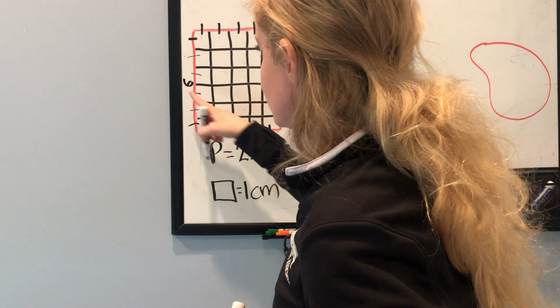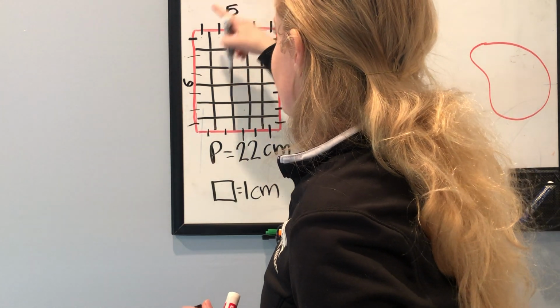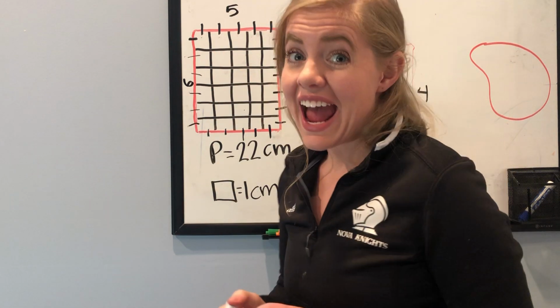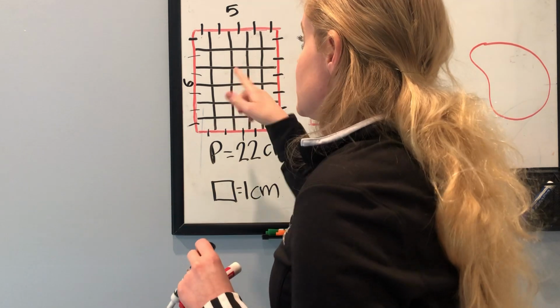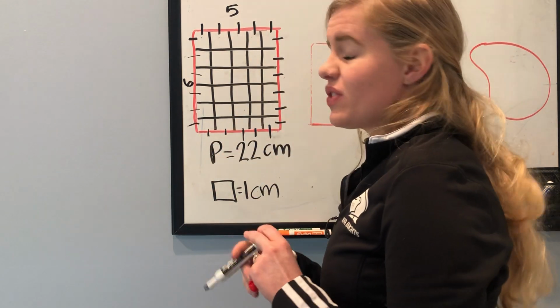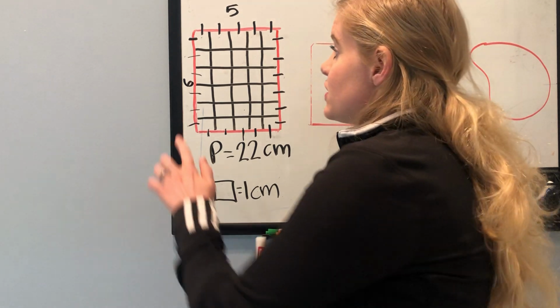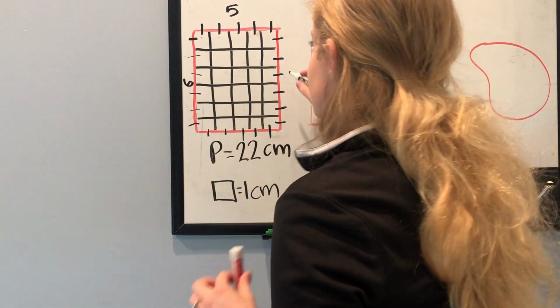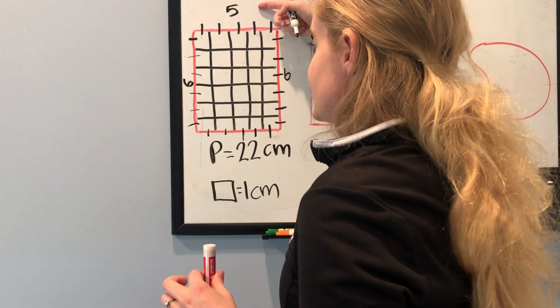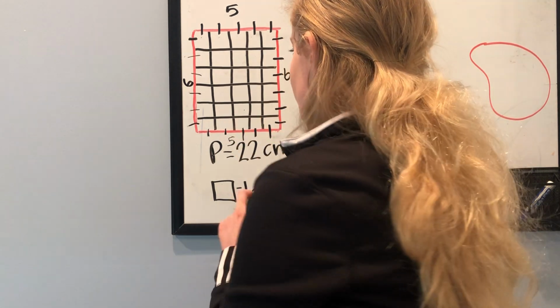Another way that we could find the perimeter is not to count, but since we know that this is 6 units down here, and these are 5 units, we can add all of the sides together. If we know that this is a rectangle, which it is, then if this is 6, then this is also 6. If this is 5, this is also 5.